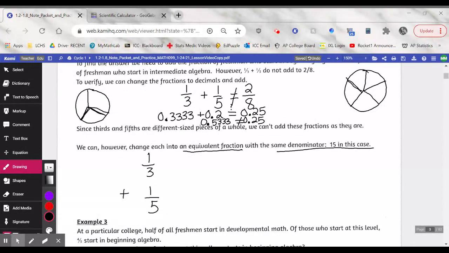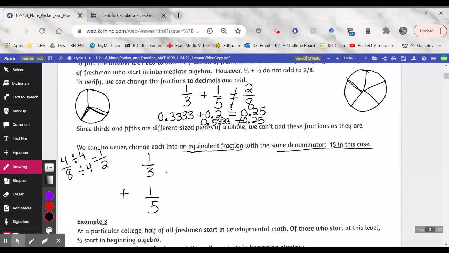You can also do it with dividing. If you have a fraction that can be simplified, let's say 4 over 8, you can create an equivalent fraction by dividing the top and bottom by the same number. If we divide the top by 4, we get 1. Divide the bottom by 4, you get 2.